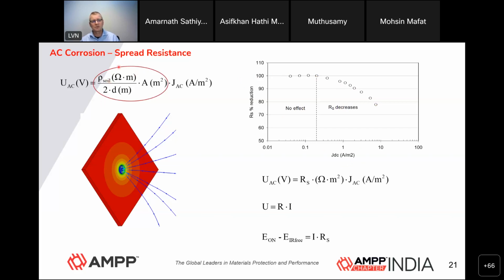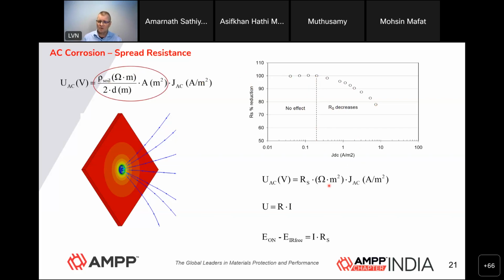It's no longer the soil resistivity, but the environment that you create with your cathodic protection that defines the value of the spread resistance. So if you go beyond a point where you put in excess cathodic protection, the only thing that will happen is that the spread resistance will decrease, and it can decrease a whole lot.